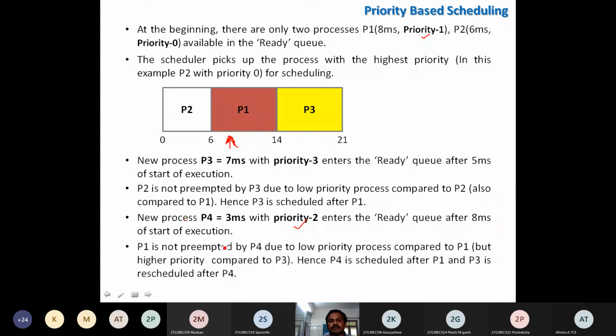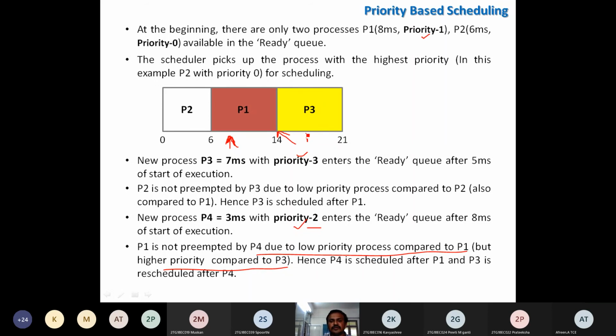So P1 is not preempted by P4 due to lower priority compared to P1, but P4 has higher priority compared to P3. Now we can observe after completion of P1, what is going to happen here? P3 is going to be preempted. It is not going to be executed because P3 is having priority 3 and P4 is having priority 2. Which one is highest now? P4 is highest now. Therefore, P3 is rescheduled.